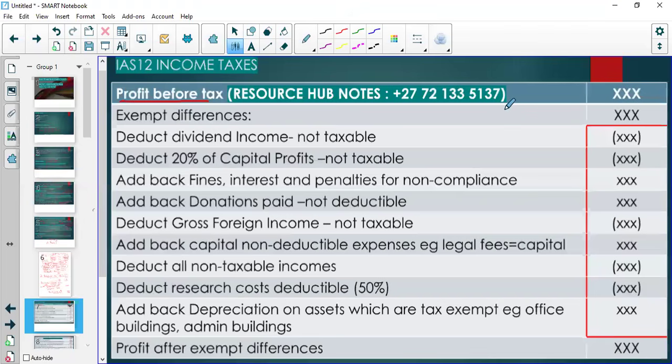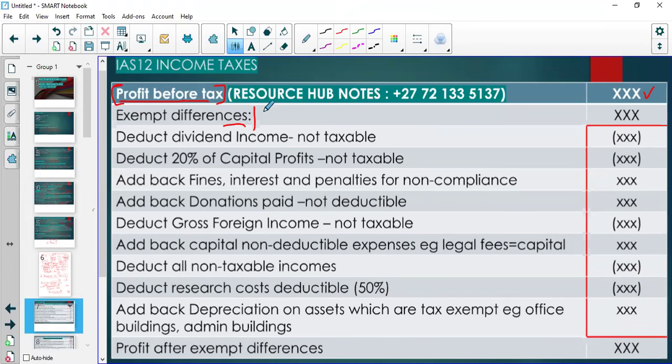So when we are required to calculate current tax, our starting point is the profit before tax. If there were any adjustments to that profit before tax, then the adjusted profit before tax is our starting point. And then we adjust for exempt differences.